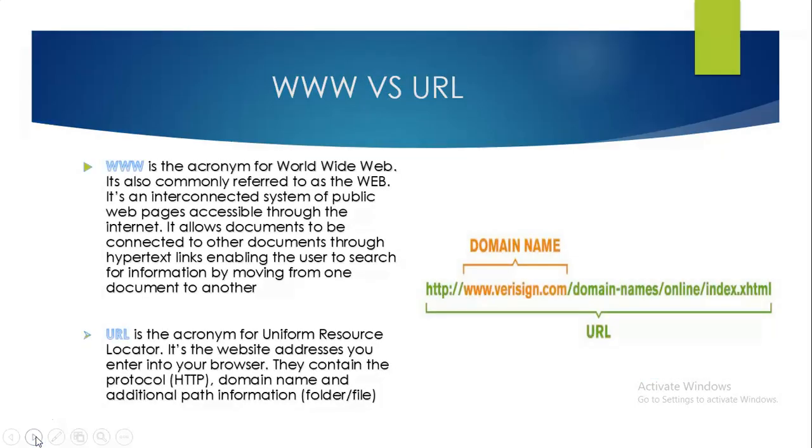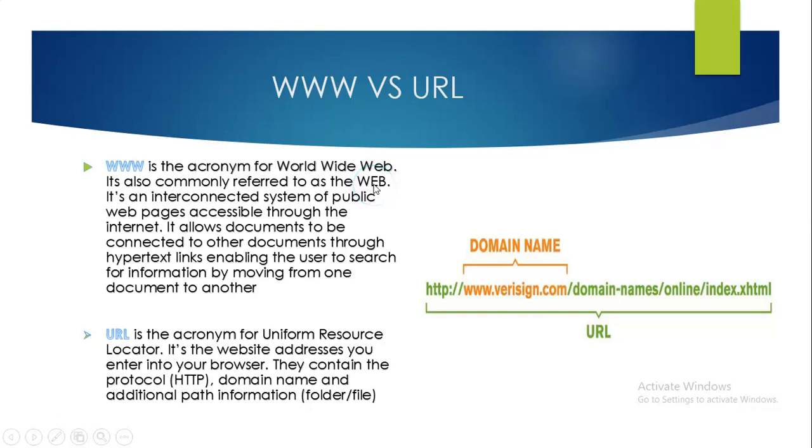Another thing I want you to see or understand is what we call www and also the URL. www is also called World Wide Web, and it is also commonly called the web.